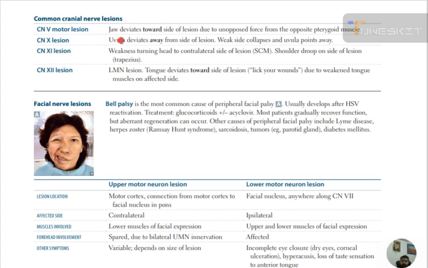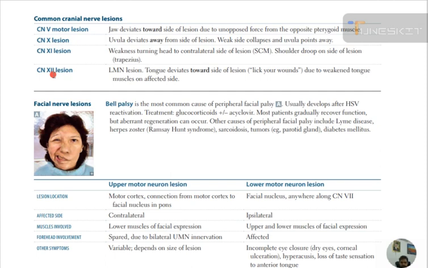Cranial nerve 11. Weakness turning head to the contralateral side of the lesion, sternocleidomastoid. Shoulder drop on the side of the lesion, trapezius. So the shoulder drops on the side of the lesion.